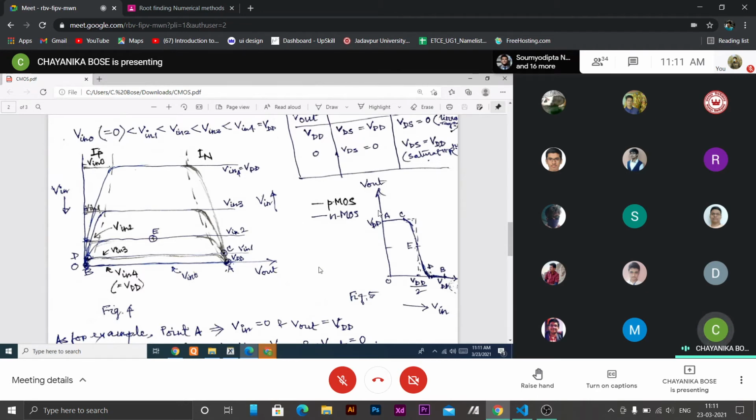So from this, what does this transfer curve signify? We see that for VDD of 10 volt and C at say 4 volt, corresponding to C the input voltage is 4. So from 0 to 4 volt input voltage, the output remains fixed at 10 volt. No variation in output voltage.